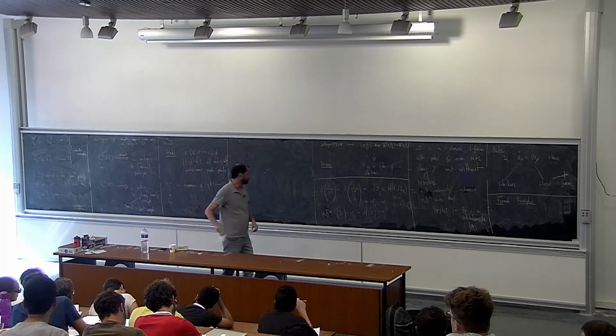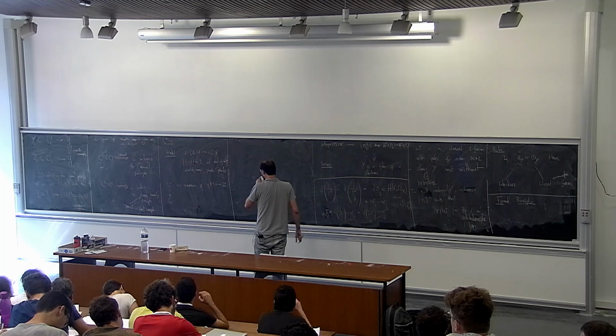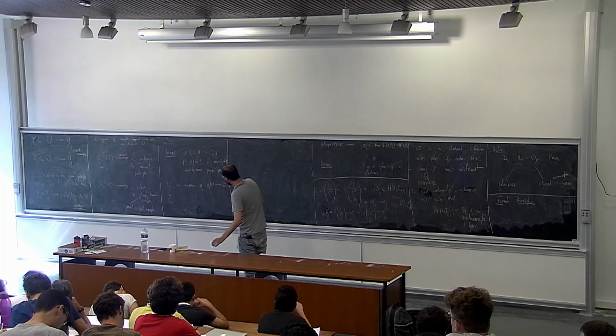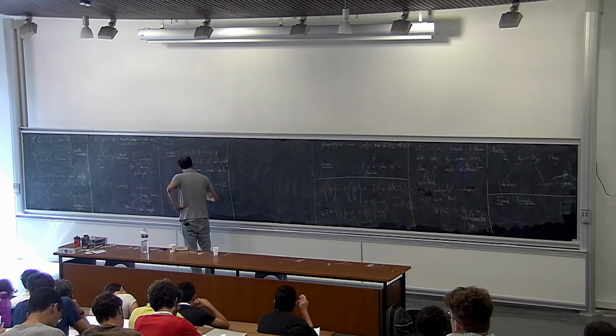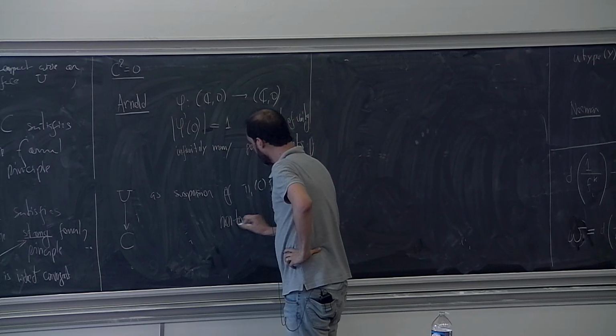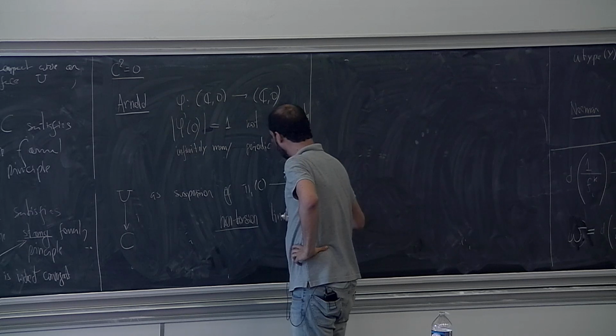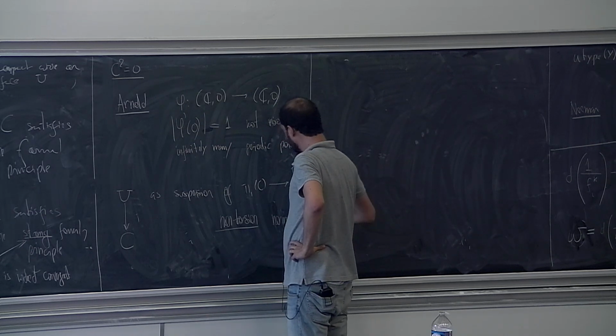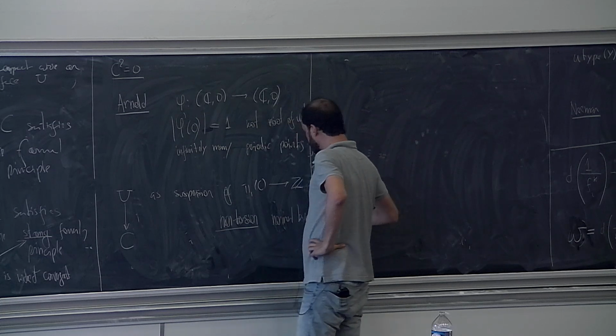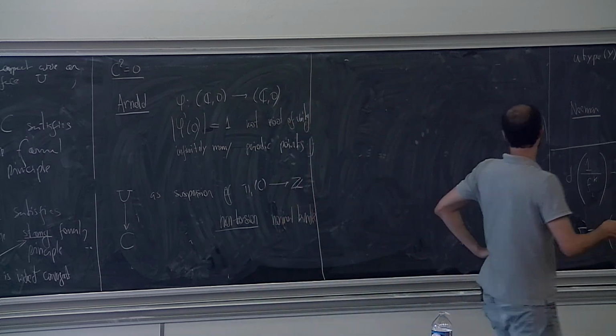So this is the situation with... this is an example with a non-torsion line bundle, normal bundle. And perhaps when the normal bundle is trivial, you would be luckier.